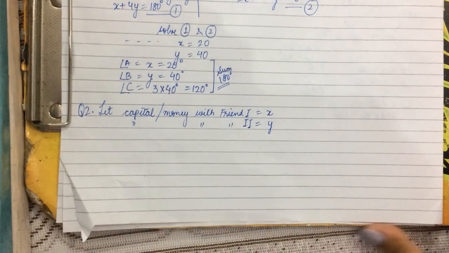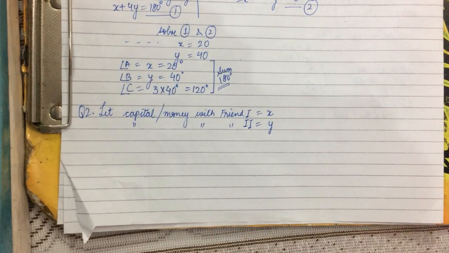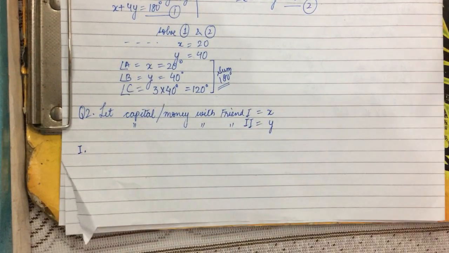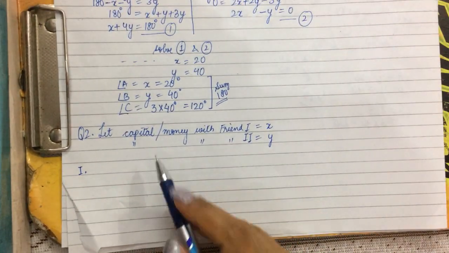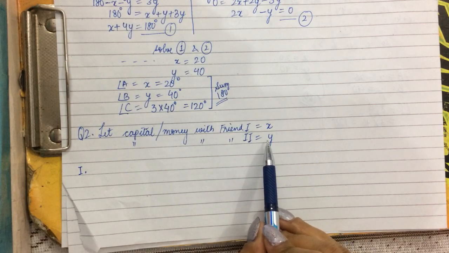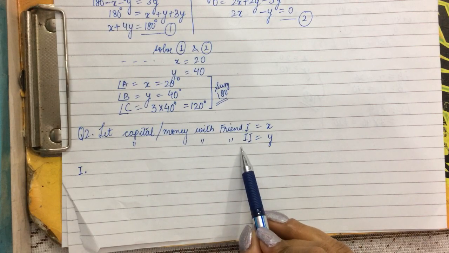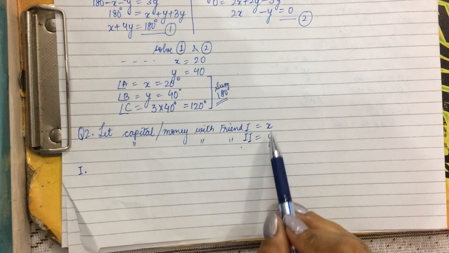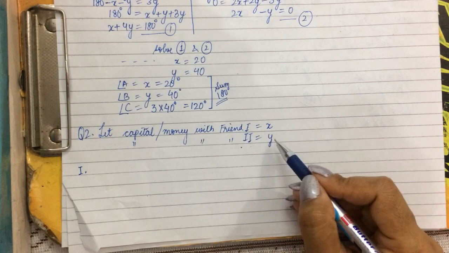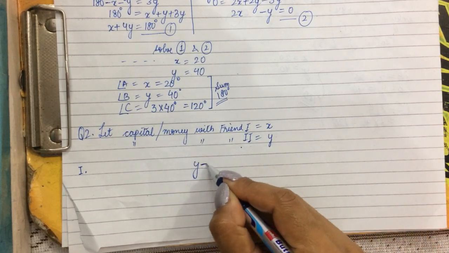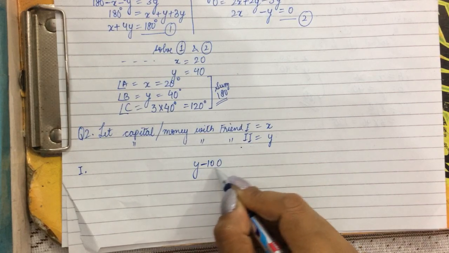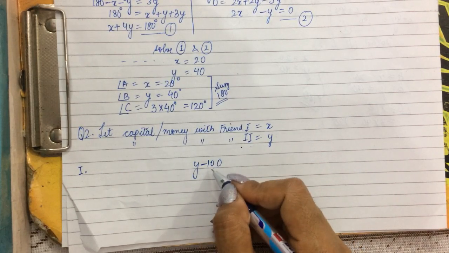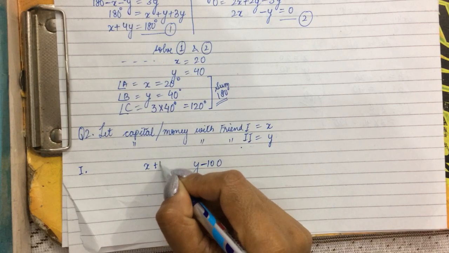Now, as the conditions are given, in the first case, if this person, the second friend, gives 100 to the first one, means from y we take 100, we are taking 100 from the second friend, and we are giving this 100 to the first friend.